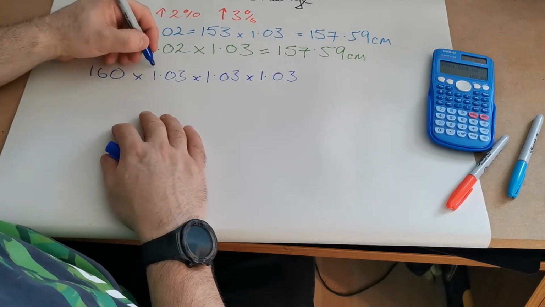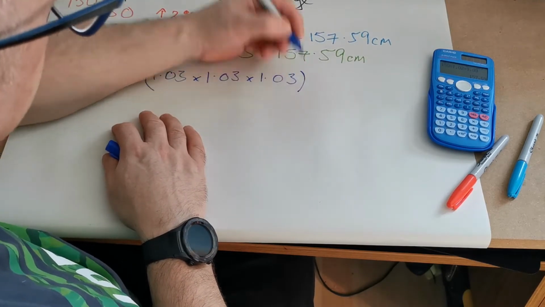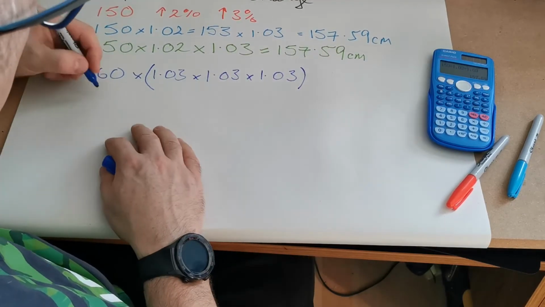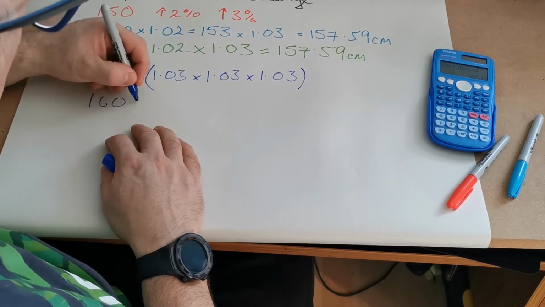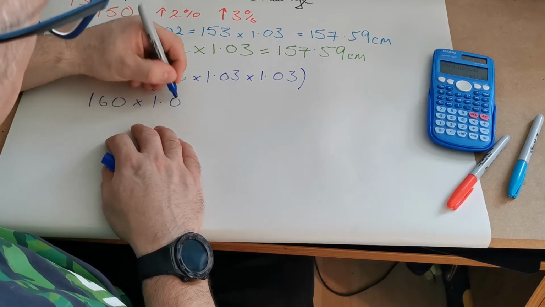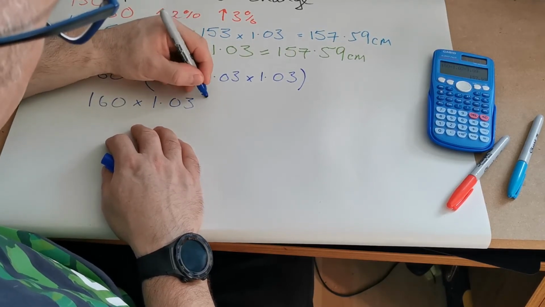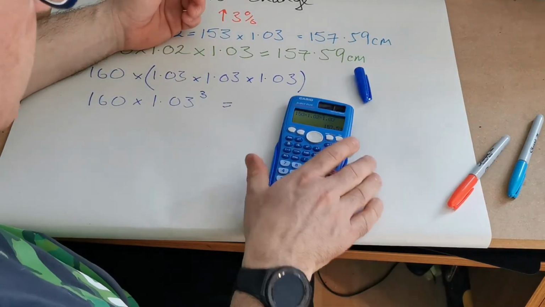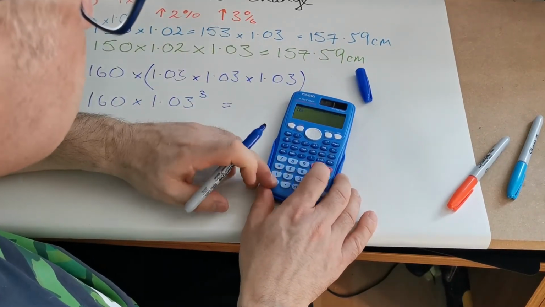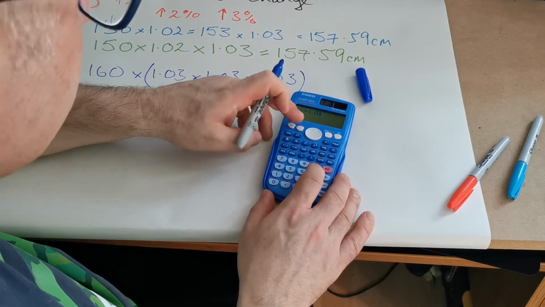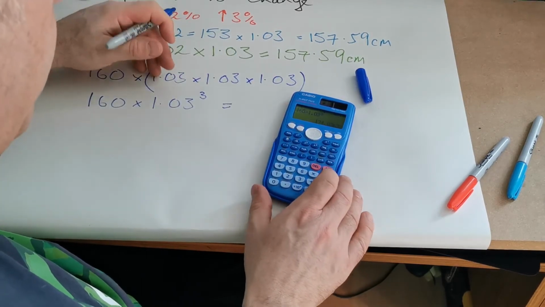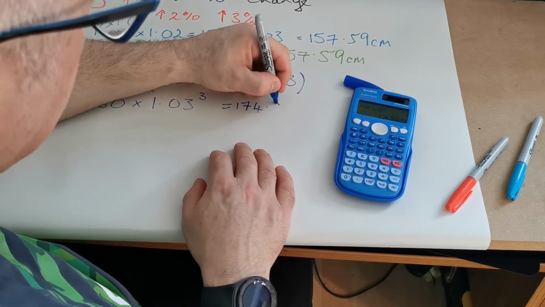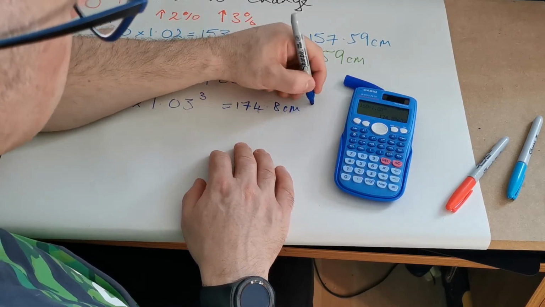Now, it shouldn't be too much of a step to see that if I've got something times by itself 3 times, I can say that's 160 times 1.03 cubed. And I can do that really quickly. 160 times 1.03 cubed would give me 174.8 centimetres if I round to one decimal place.